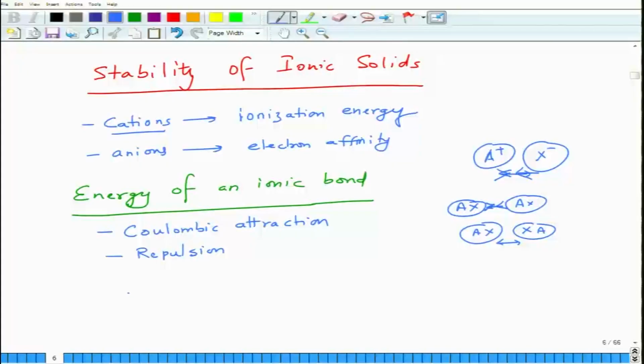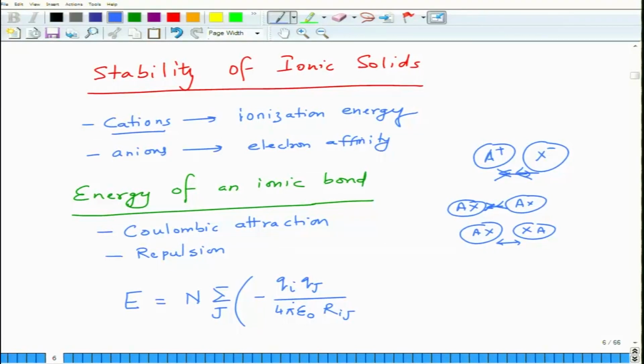So basically the energy expression of this structure is something like this. You have n number of atoms. This is the sum over j of minus qi qj divided by 4 pi epsilon naught r ij.